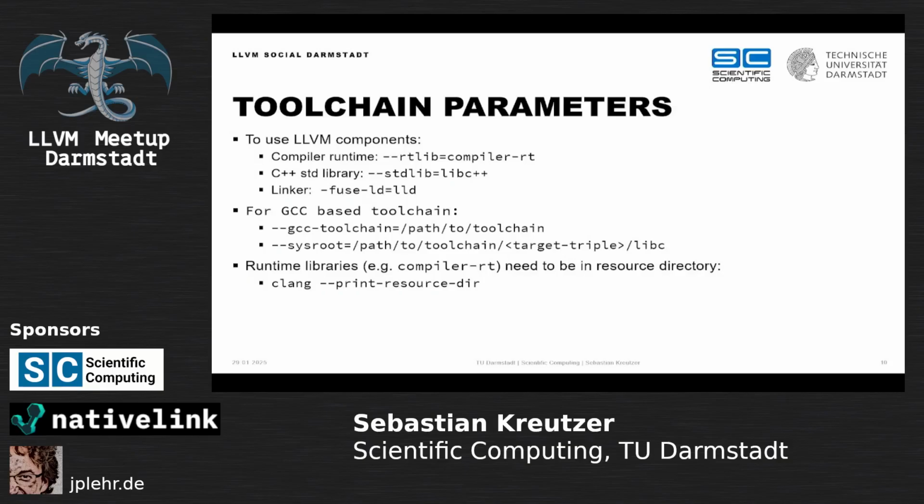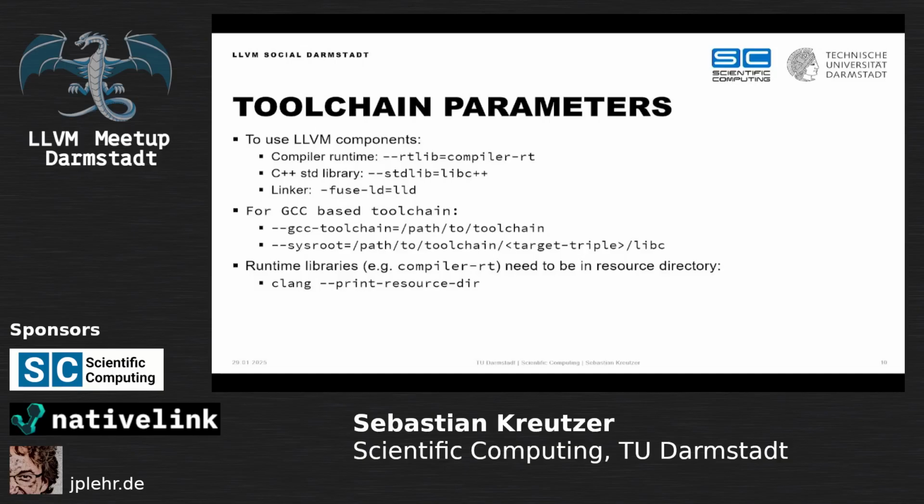Cool. To actually set these parameters to tell LLVM and Clang about these components, you can force Clang to use the LLVM components. This is, for example, the runtime with rtlib, and the C++ standard library. You can use libc++ instead of the GNU variant, and use, for example, LLD as the linker.